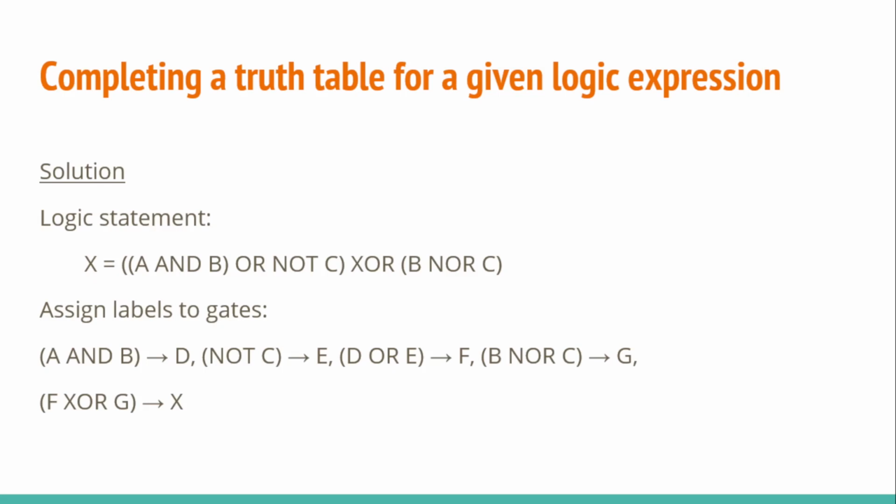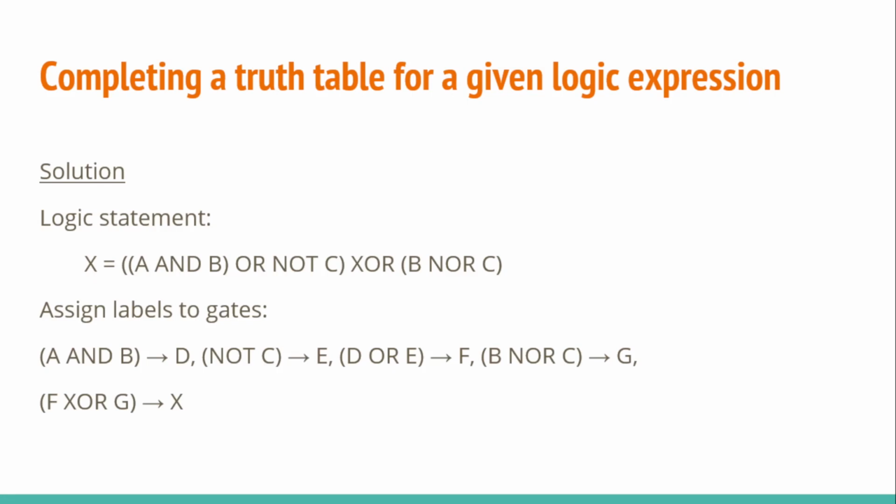The first logic gate is A AND B, which is given the label D. The second logic gate is NOT C, which is given the label E. And of course, combining the first logic gate and the second logic gate, which are D and E respectively, using the OR gate, gives us F.